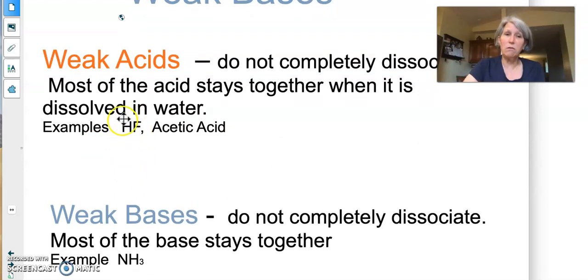So if we were to look at a beaker of HF, most of the molecules would stay together. It would be HF, and there would only be a small portion of hydrogen ions and fluoride ions. And the same thing with weak bases. They do not completely dissociate. Most of the bases stay together. And the common weak base that you should know is called ammonia.